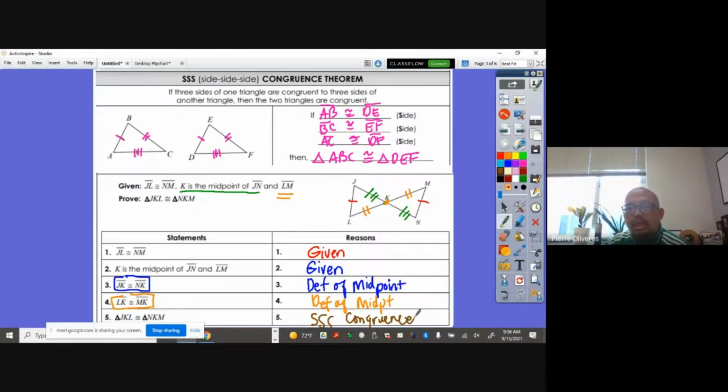And I do not need to check if angle J, or L, or K are congruent to N, M, respectively. Okay, that's enough. And that's how you prove using side-side-side congruency.